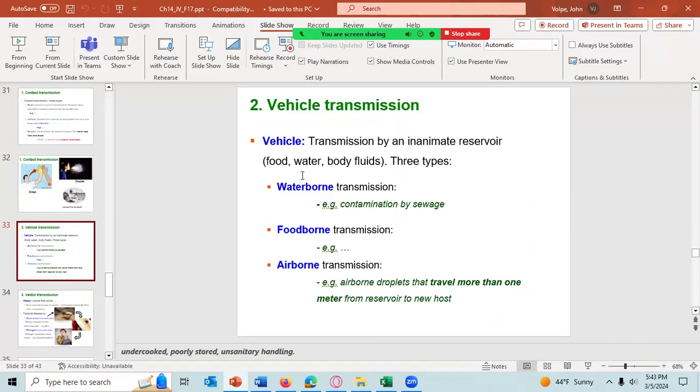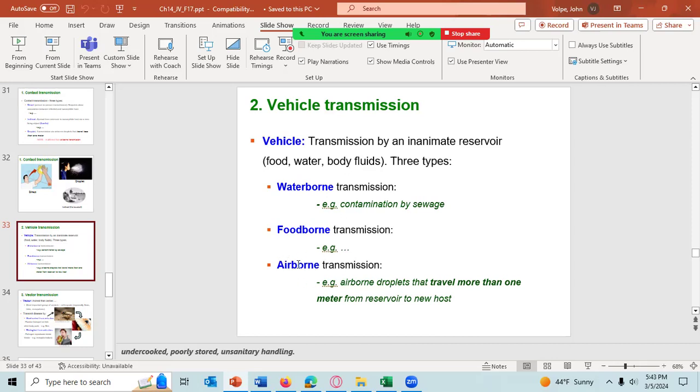The other cases of vehicle transmission is transmission by an inanimate reservoir, usually an object that we call a fomite, and that could be food, water, or body fluids. There are 3 different types of vehicle transmission.